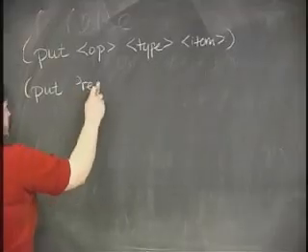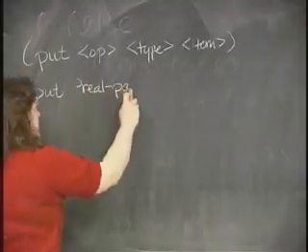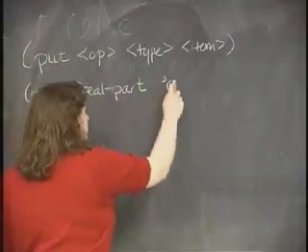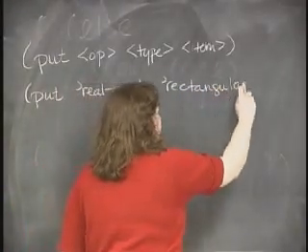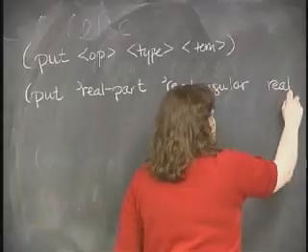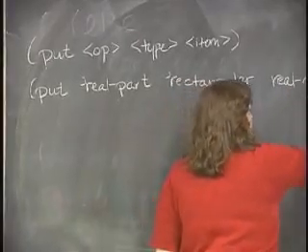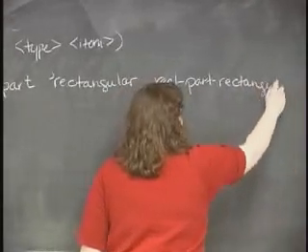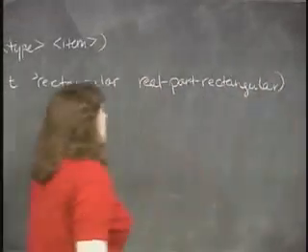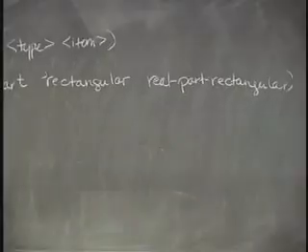We would write put, quote, real part, quote, rectangular, and then we would put in the procedure real part rectangular. Is this a Scheme function? It's actually one that's built on top of Scheme.